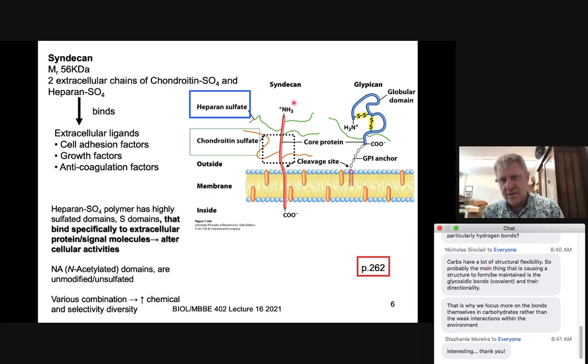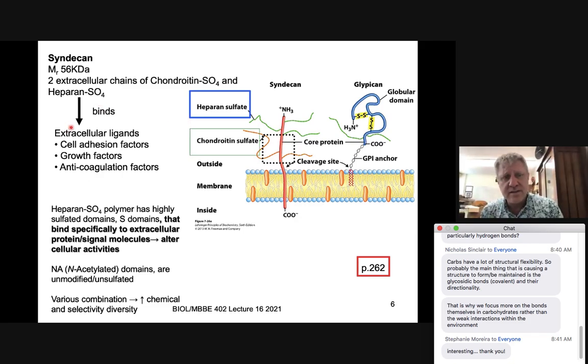The N terminus is always going to be in the extracellular domain. That's what we call a type 1, but we'll get to those particular protein structures a little later on. And then we're going to have the heparin sulfate extending from these particular guys, as well as the chondroitin sulfate being a component at those individual serine moieties.